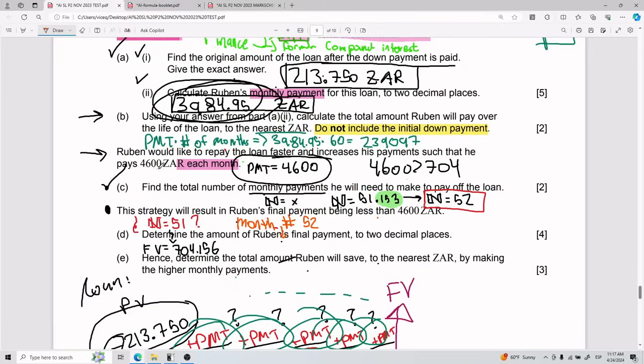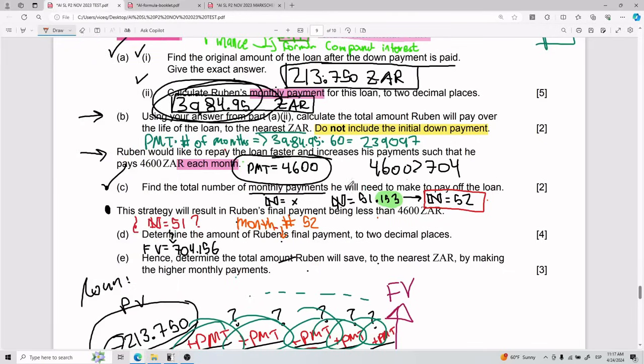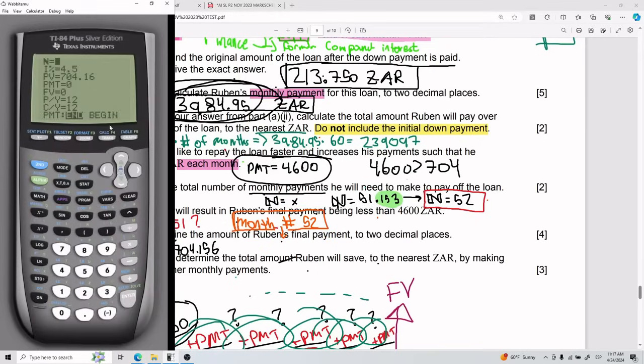A lot of times, by context, big N has to change, and that's the name of the game: understanding when this changes and how that works. This is a very special scenario where you only need to calculate for 1 month, for month number 52. Let me go over it one more time. Big N equals 1 because it's only month number 52.